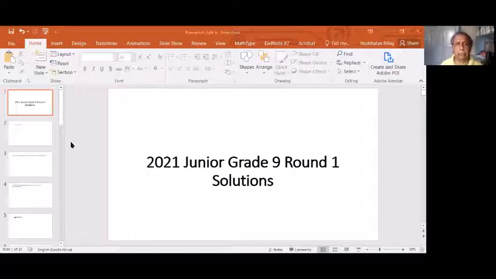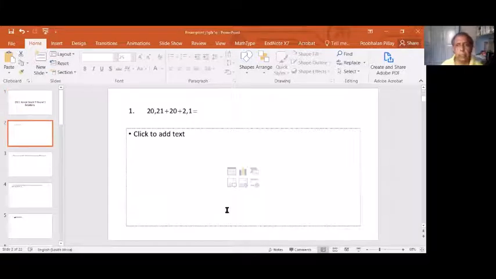All right, the very first question in this paper is a simple sum, adding three numbers.